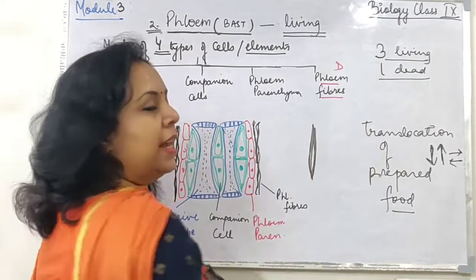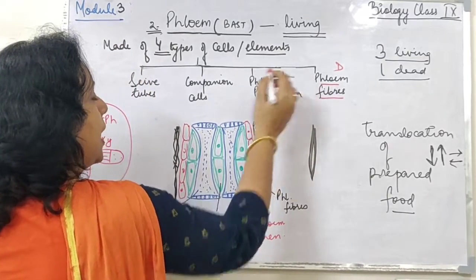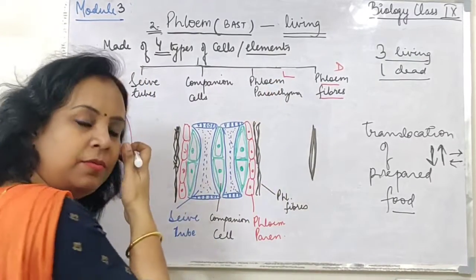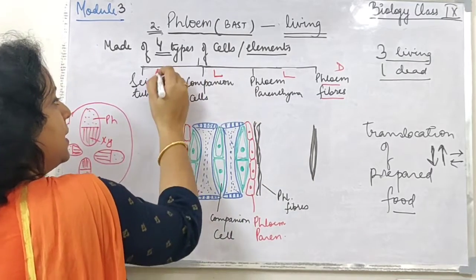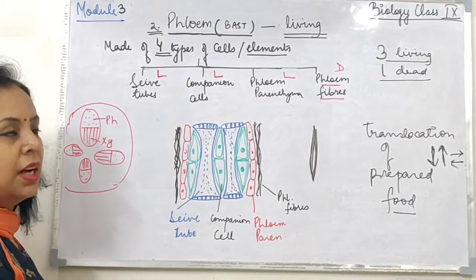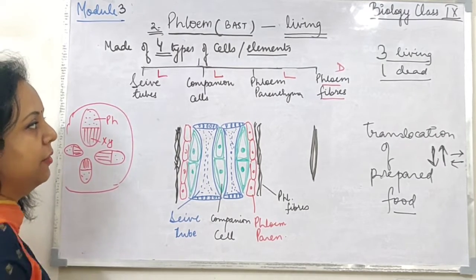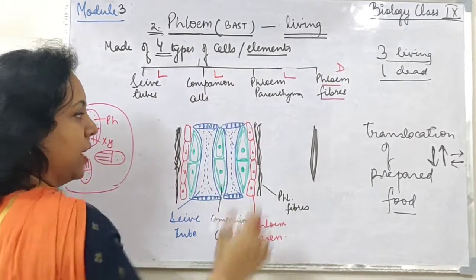This is the only element which is dead. The others, phloem parenchyma, the term parenchyma is for living tissue only. Companion cells and sieve tubes are also living. These three are living. So let us talk about each of them one by one.